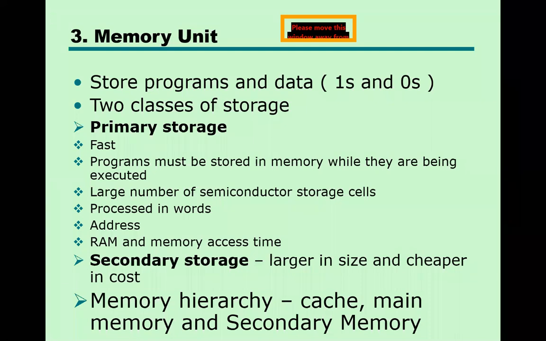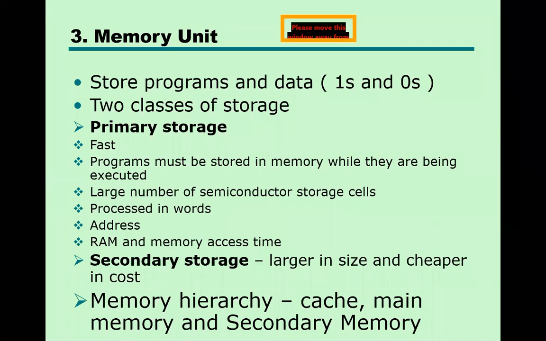In memory, we store a program and the data. It could be a movie, a song, a Word file, a doc file, a PDF file, or different kinds of data.